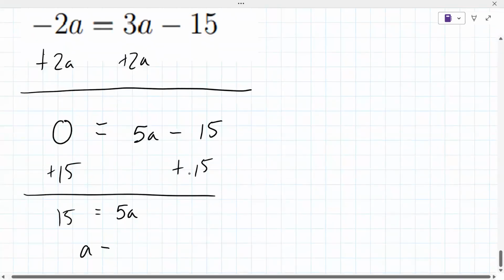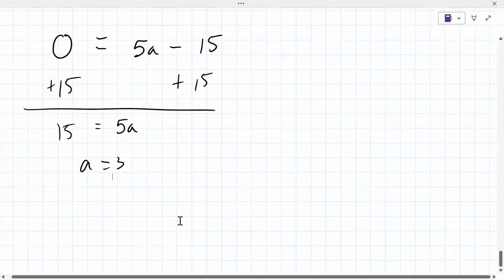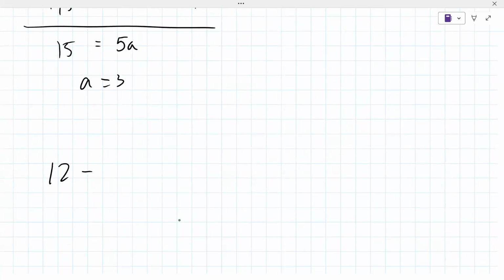All right, very good. Let me give you another one here to look at. 12 minus 4x equals minus 6 minus 10x.